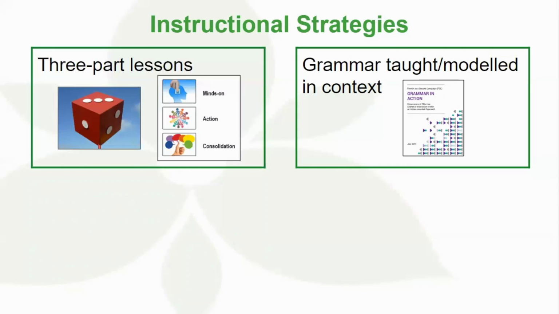In this example, it is not necessary to expose students to all forms of the conditional verb tenses because the goal of the task only requires them to use the je form for a specific purpose. This concept is emphasized in the document Grammar in Action from Transforming FSL.